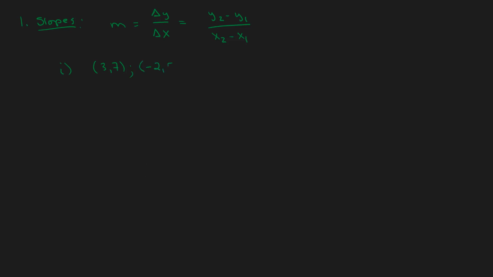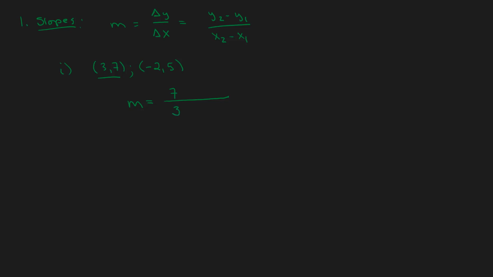Okay, so in this first example, let's say we have the points (3, 7) and (-2, 5). To compute the slope, you want to have the y values in the numerator divided by the x values in the denominator. One thing you want to be very careful of is when you select a particular point, it doesn't matter which one you lead with, but when you select a point, and I'll select this (3, 7), you always put the y value over the x value.